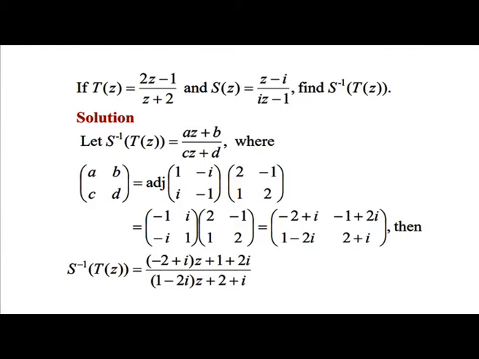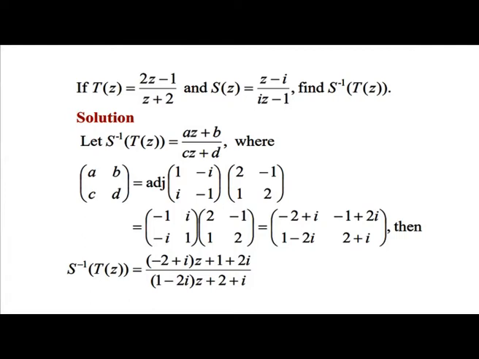Then the matrix of this transformation should be equal to the adjoint of the product of the matrices of the two transformations, that is the adjoint of the product of the matrices (1 -i; -i -1) and (2 -1; 1 2).